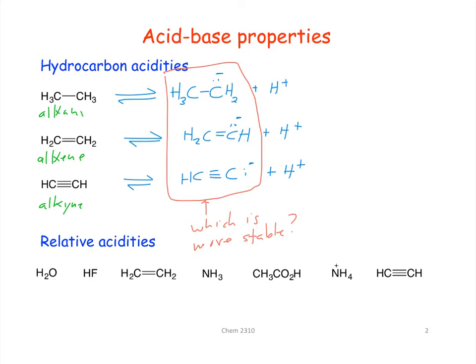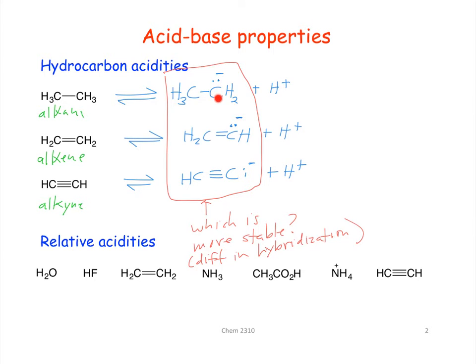What else do we have different? The other key thing that we have here is the difference in hybridization. If we look at these, what would be the hybridization of this anion up here, this carbon?